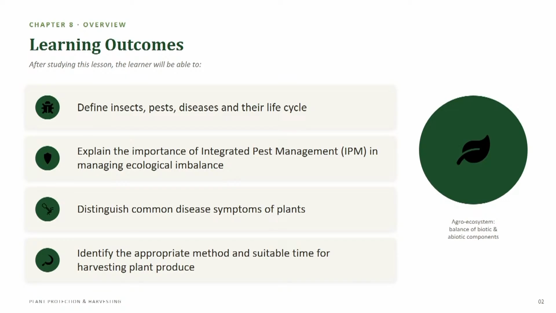You will also be able to explain the importance of integrated pest management practice and its role in maintaining ecological balance. You will also be able to distinguish the various types of common plant disease syndromes, and identify the appropriate method as well as the suitable time for harvesting the plant produce.